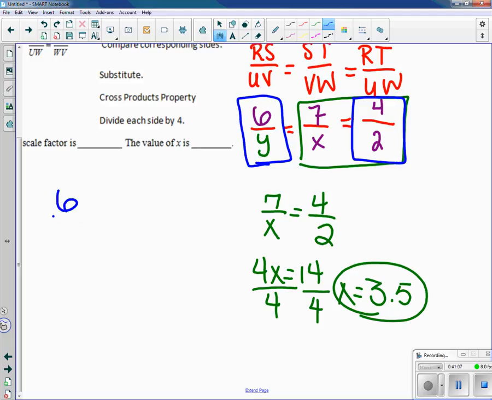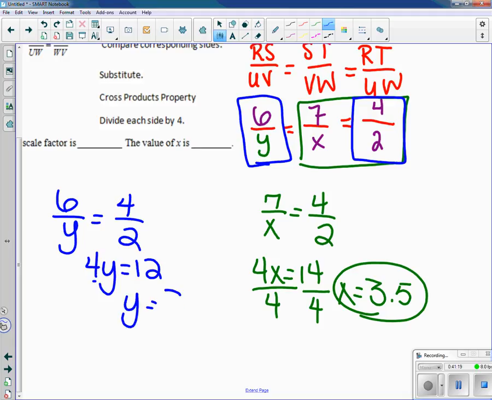So it would be 6 over y is equal to 4 over 2. Cross multiply, 4y is equal to 12. So y is equal to 3. There is my answer. Did I lose anybody on what I just did?